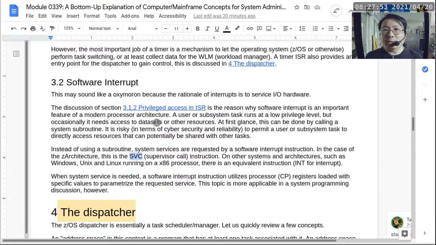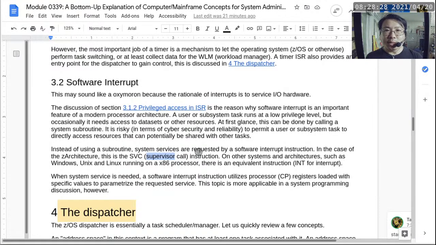So the very same mechanism is used when we use a single instruction to trigger the ISR to execute, except in this case we don't call it an ISR because it's not actually coming from an interrupt. This time we call it a system call because we are requesting a service from the operating system. The other thing that's noteworthy also in this case is IBM uses the term supervisor to refer to the operating system.